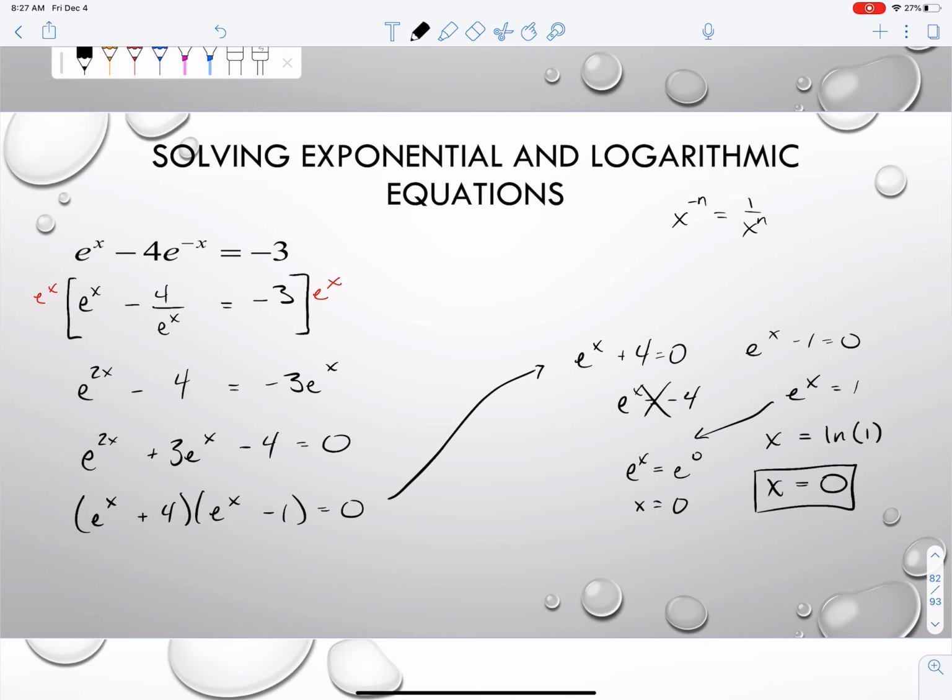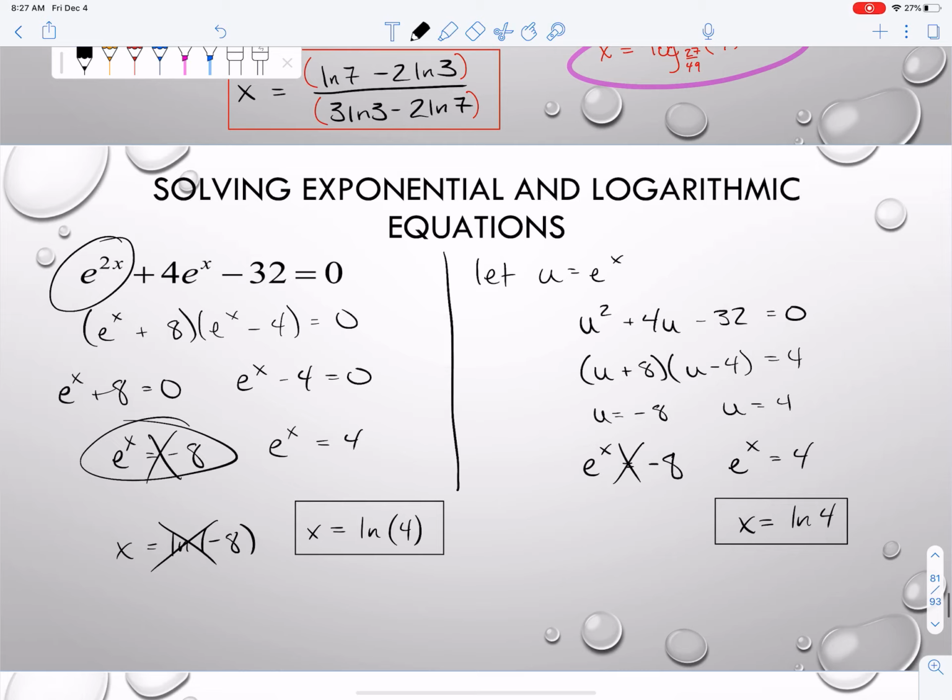The other thing I'll also mention, for the last two, the quadratic form equations, it doesn't just work with e to the x's. I can also have a numerical base, like a 2 to the x or a 3 to the 2x, and so on. I could even have a coefficient other than 1 out in front of that lead term.